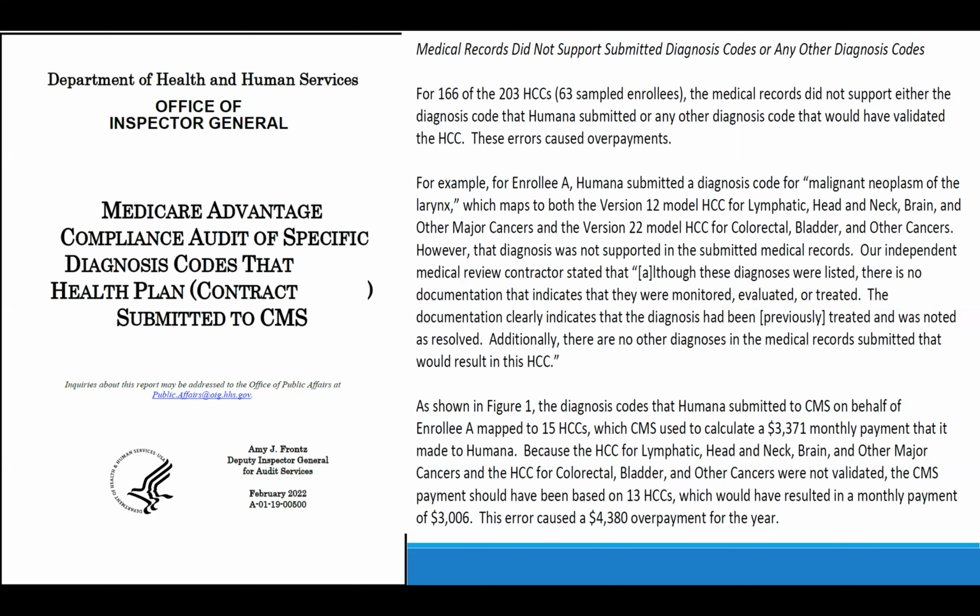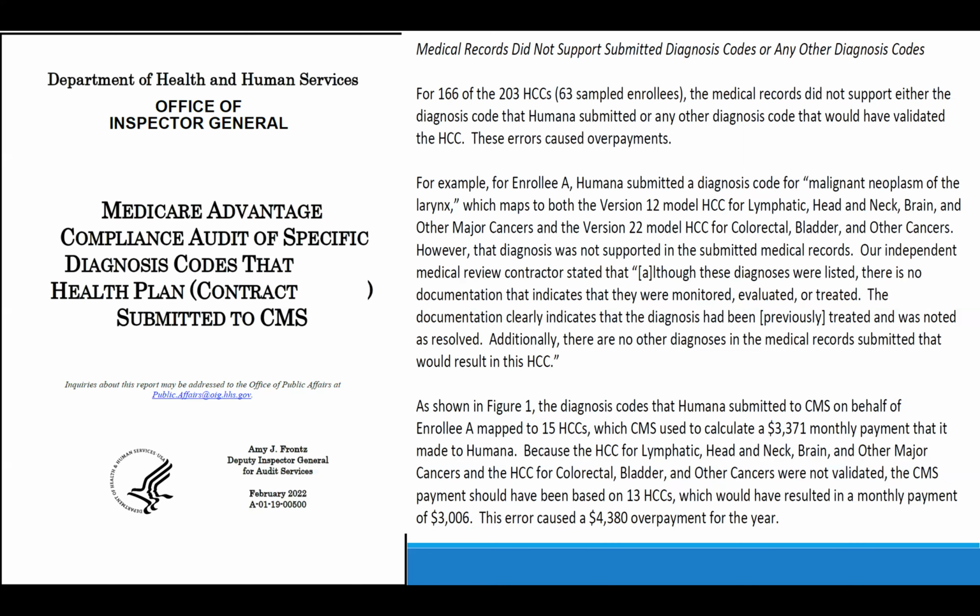Our independent medical review contractor stated that although these diagnoses were listed, there is no documentation that indicates that they were monitored, evaluated, or treated. That is three-quarters of the term MEAT: monitored, evaluated, assessed or addressed, or treated. The documentation clearly indicates that the diagnosis had been previously treated and was noted as resolved. Additionally, there are no other diagnoses in the submitted medical records that would result in this HCC.